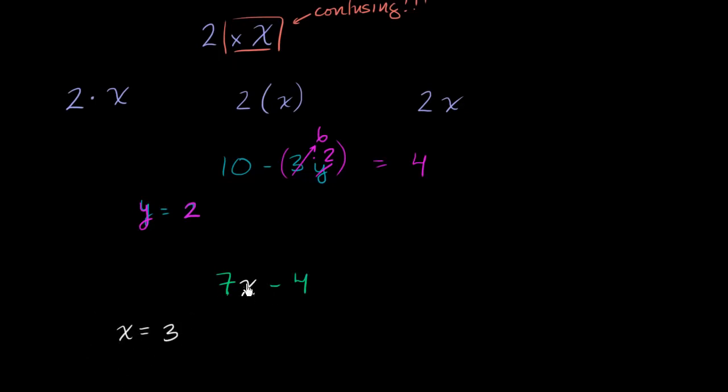Where when we see the x, we want to put a 3 there. So this is the same thing as 7 times 3 minus 4. And once again, multiplication takes precedence by order of operations over addition or subtraction. So we want to do the multiplying first. 7 times 3 is 21. 21 minus 4 is equal to 17.